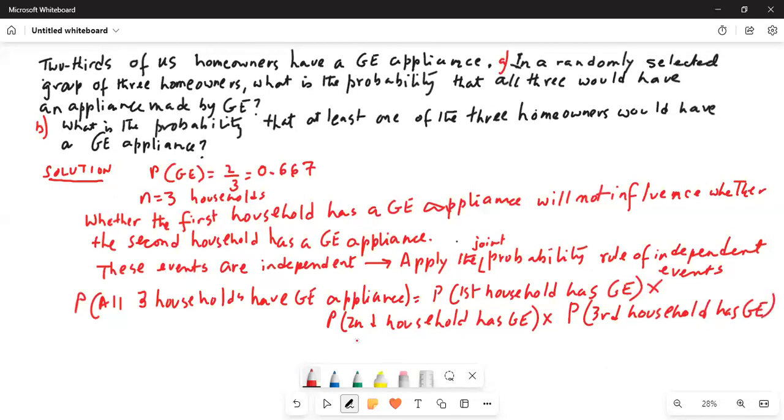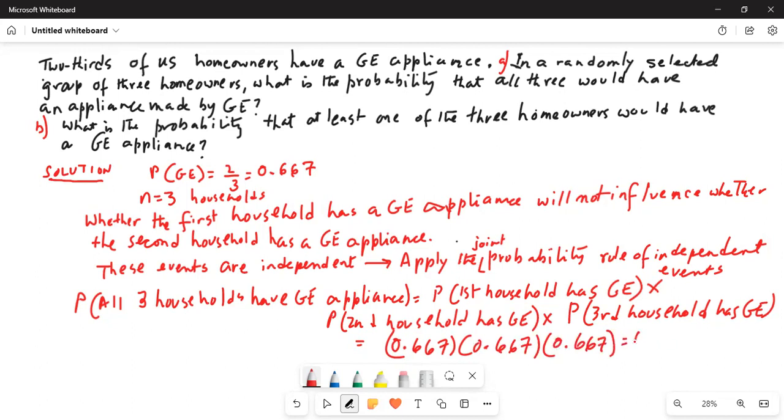So this is equal to 0.667 multiplied by 0.667 multiplied by 0.667.